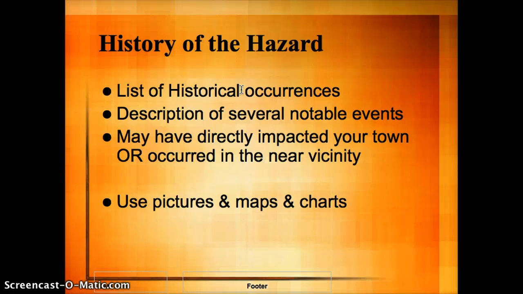You'll want several of those notable events and what happened, what caused them, and what kind of impact they might have had on the town. You can also include events that were close. If you're doing tornadoes, for example, you won't have a lot of tornadoes that impact a specific town, but you'll find that there were tornadoes nearby, let's say within 10 or 15 miles, that have had an impact maybe on neighboring towns, so you can include those in the history.